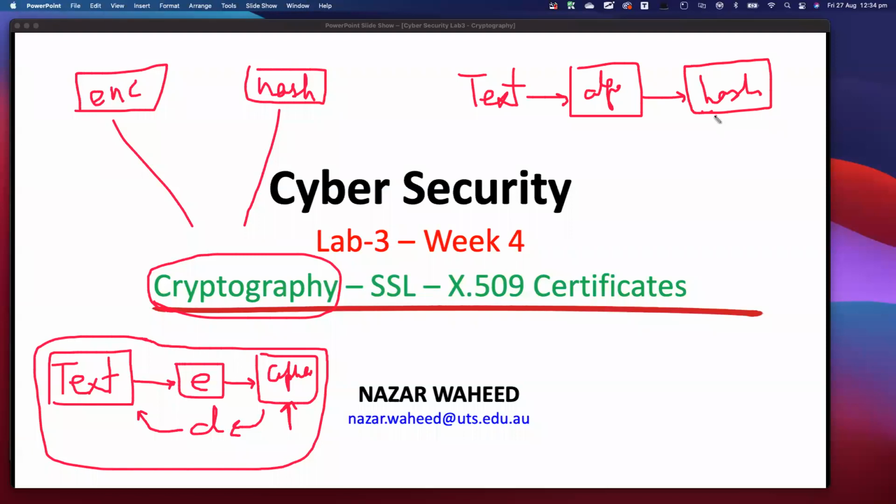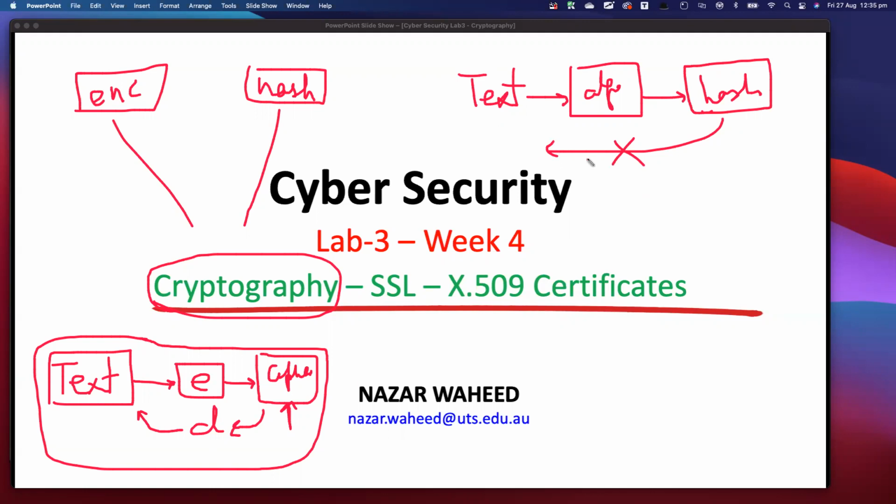It acts as a fingerprint. You use hashing mostly for integrity, to make sure that the data you're receiving has not been tampered with. Hashing, as compared to encryption, is one way. You cannot reverse it. Hashing cannot be reversed.